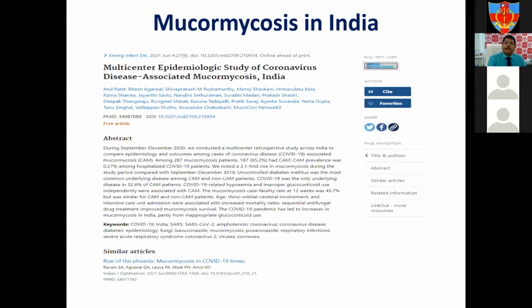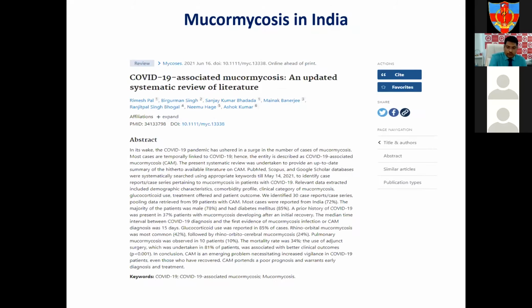All these have been attributed as major causes of mucormycosis in India. This is one of the few studies published recently, as recently as this month. It was published in the literature for all to see.